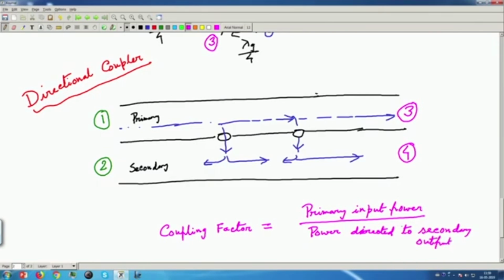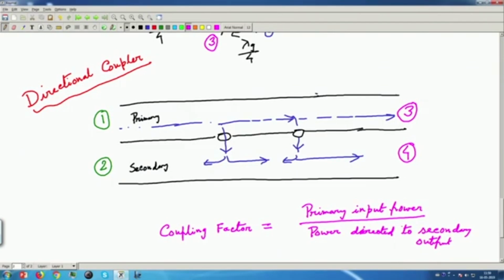So, if I give power here, input power divided by the power in port 4, because this is the secondary guide. If I give power in port 2, then this will be primary, this will be secondary. So, that time it will be power given here divided by power in port 3.